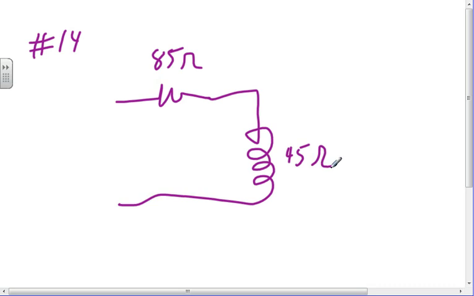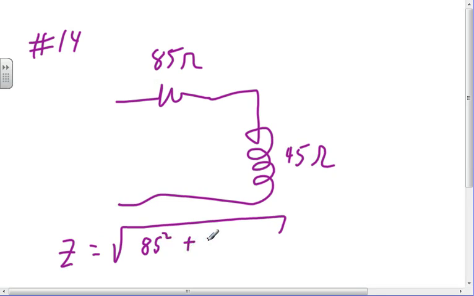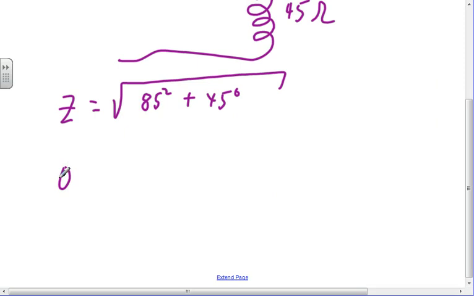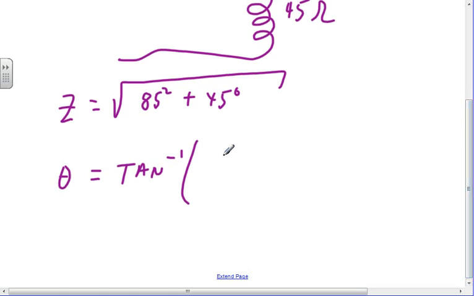I want to find the impedance and the phase angle. The impedance will be the square root of 85 squared plus 45 squared, and the phase angle will be the arctangent of the y component, which is 45, over the x component, which is 85.